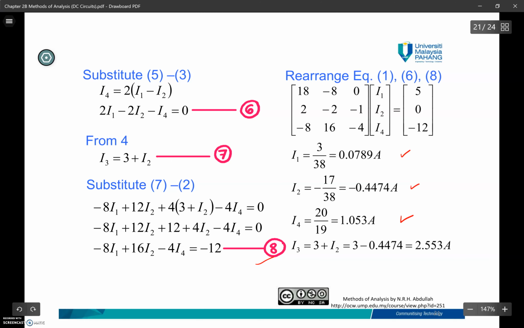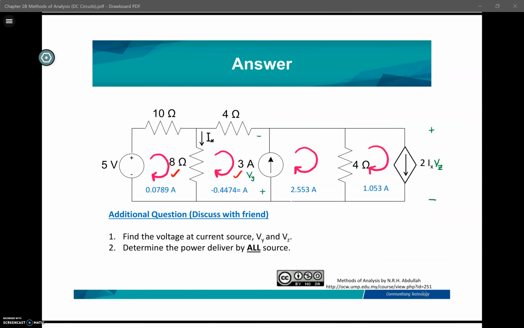In order to find I3, you substitute the values into the I3 equation. Then you can get I3 is 2.553 amps. This is the answer that we are looking for, which is I1, I2, I3, and I4.